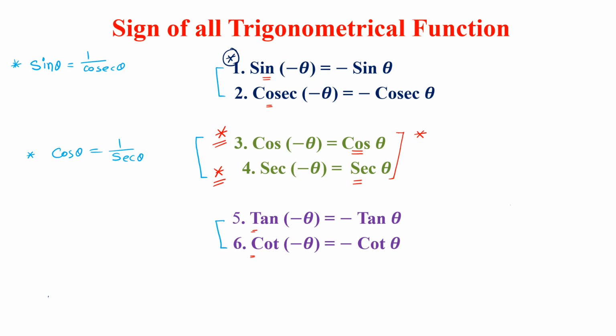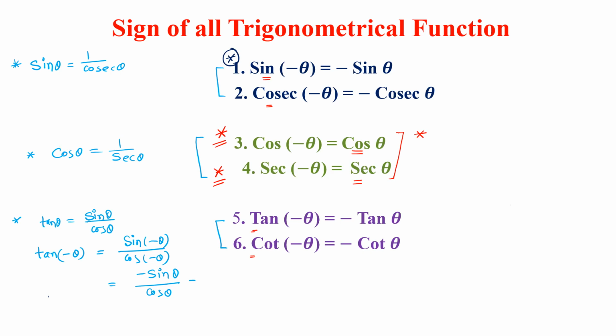Now I am coming to tan and cot. What about tan? We know tan theta is equal to sine theta by cos theta. Now if we consider tan minus theta, we can write sine minus theta by cos minus theta. Sine minus theta means minus sine theta, but cos minus theta is simply cos theta.